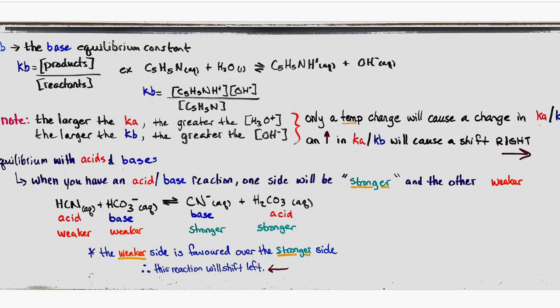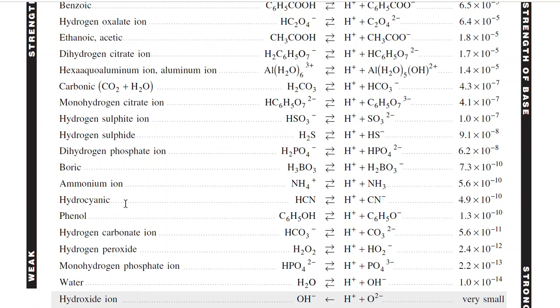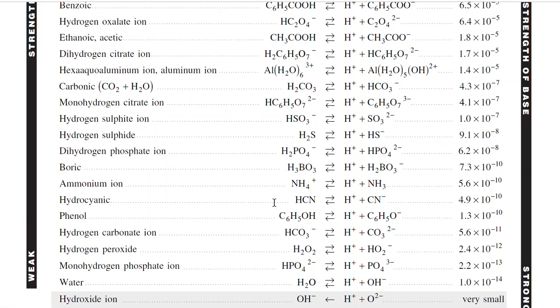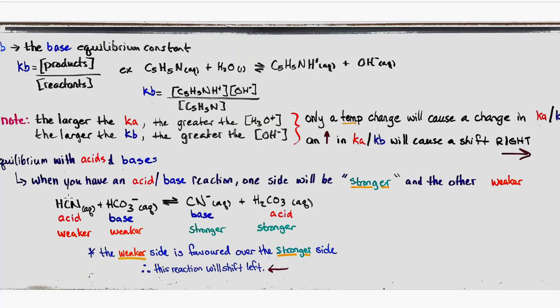So if we go back to our chart and we look down here, we can find that hydrocyanic is here and carbonic is here. So carbonic is closer to the top, therefore it's the stronger of the acids. So between HCN and H2CO3, H2CO3 is the stronger acid.